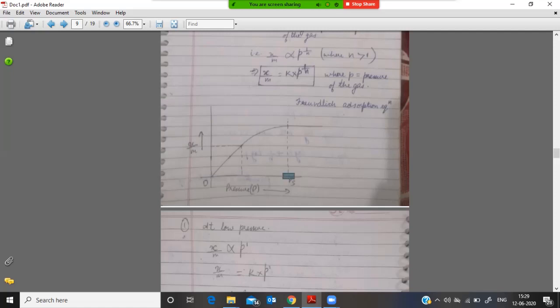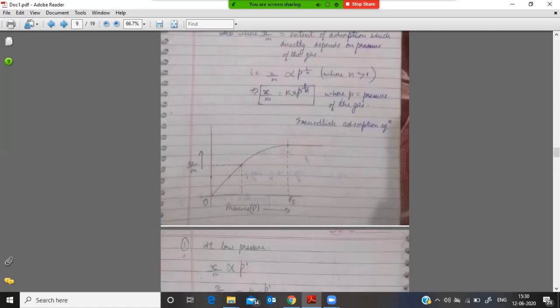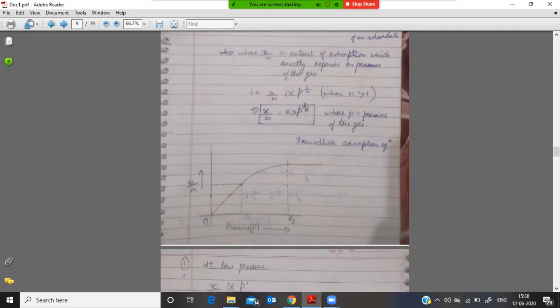Now before that, I must discuss the saturation state. As we move towards the right on the x-axis, that is, pressure is increasing gradually, slowly, a stage is reached where the amount of gas adsorbed becomes constant, so that x by m does not change irrespective of the pressure increased.